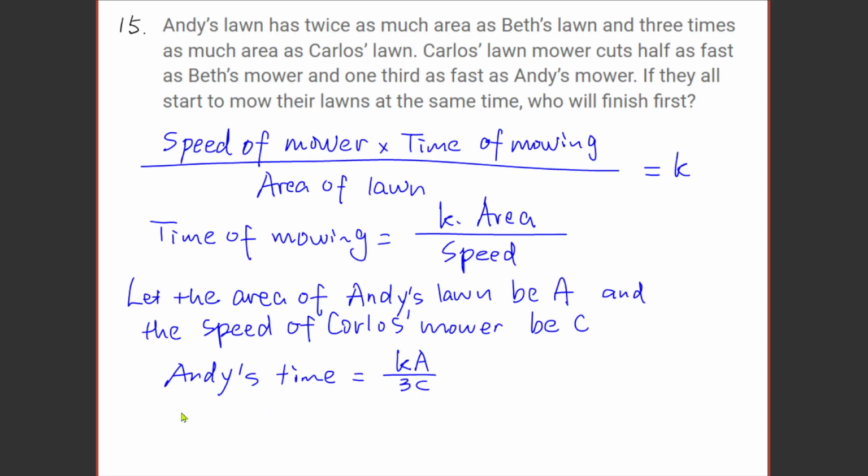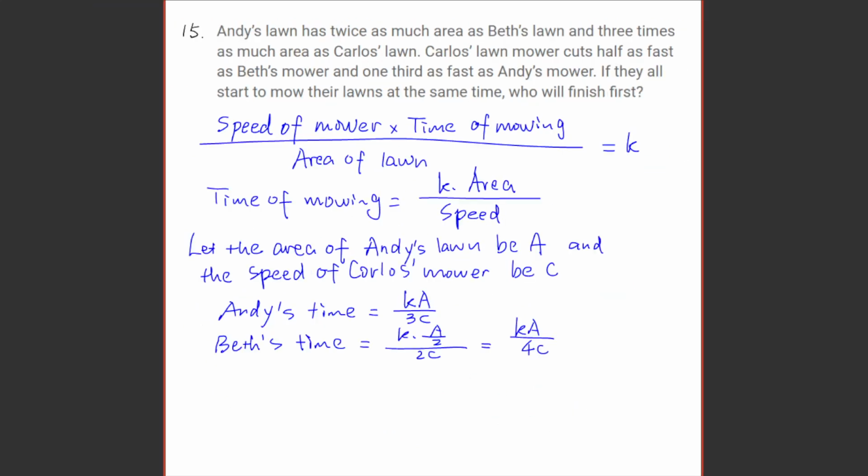And for Beth, we know this time should be k times a over 2 divided by 2c, right? Which equals ka over 4c. For Carlos, time should equal k times 1/3 of a over c.